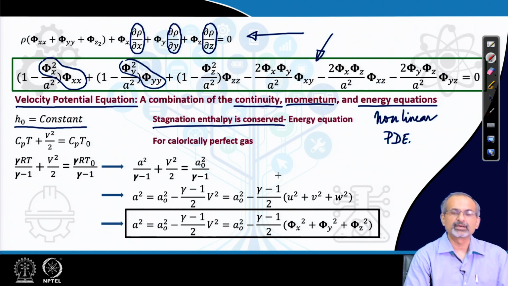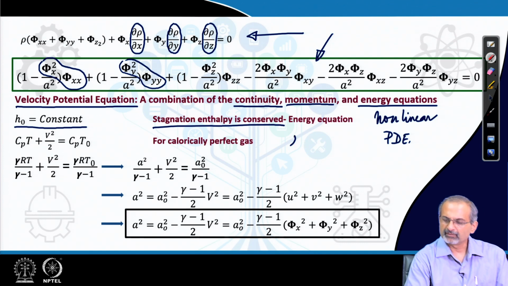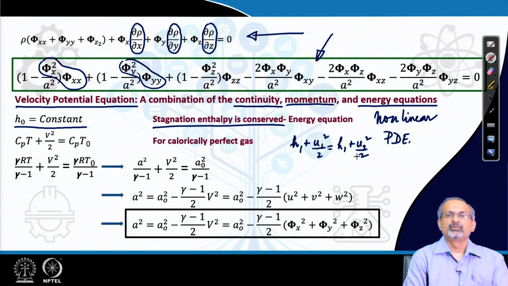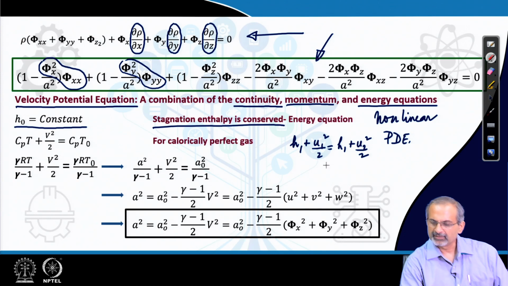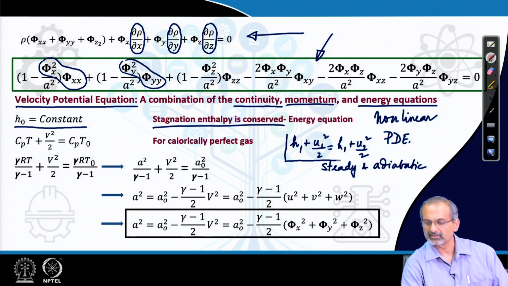If we were to look at a similar situation, a similar control volume and stations 1 and 2 across the control volume, and you write down the energy equation across that control volume for an irrotational flow field, you will see that if the flow is steady and adiabatic, then from your energy equation, this is what comes out.